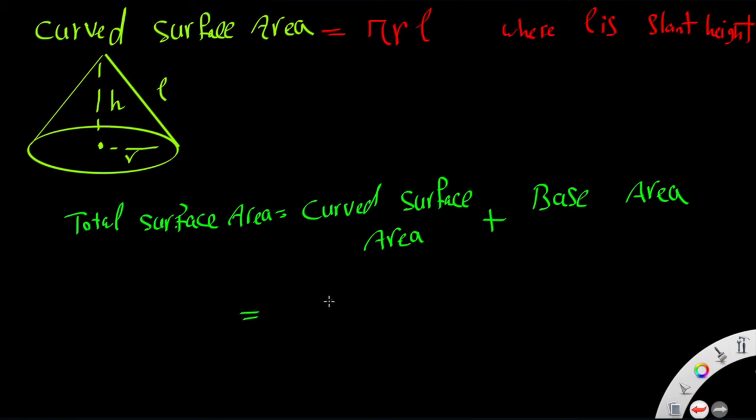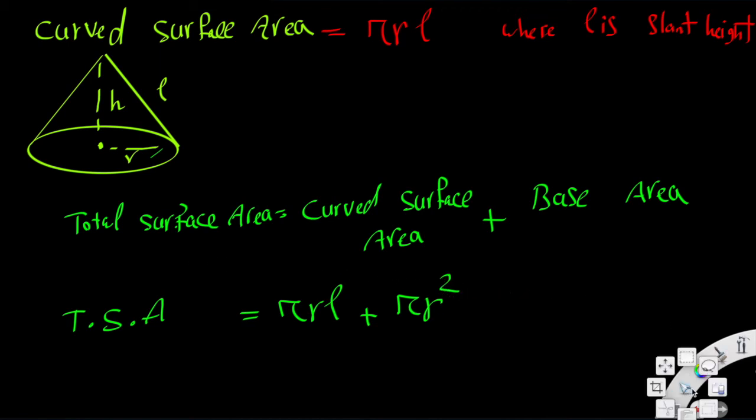Now TSA is abbreviation of total surface area, and will be equal to curved surface area, that we learned is pi RL, plus base area. Your base is a circle, so it will be pi r squared. Now let's see an example.